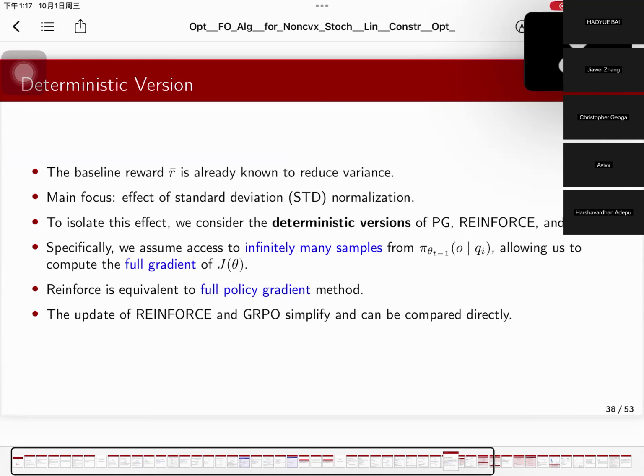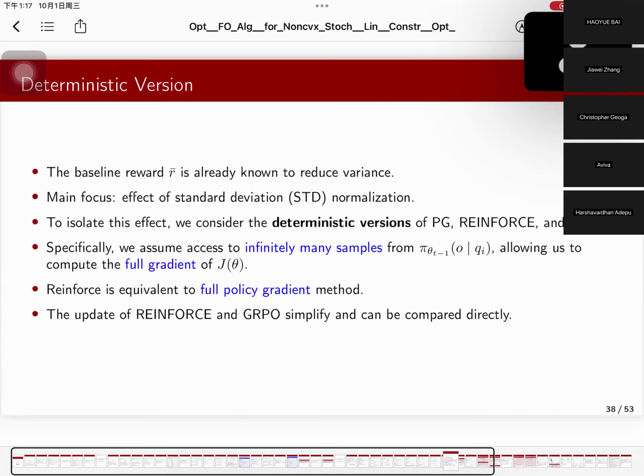So here we consider the infinitely many sample case. So we don't distinguish REINFORCE and policy gradients, because the only difference between REINFORCE and the stochastic policy gradient is the introduction of this baseline, which is used to reduce the variance. But if you have infinitely many samples, then you don't need to worry about the variance reduction.